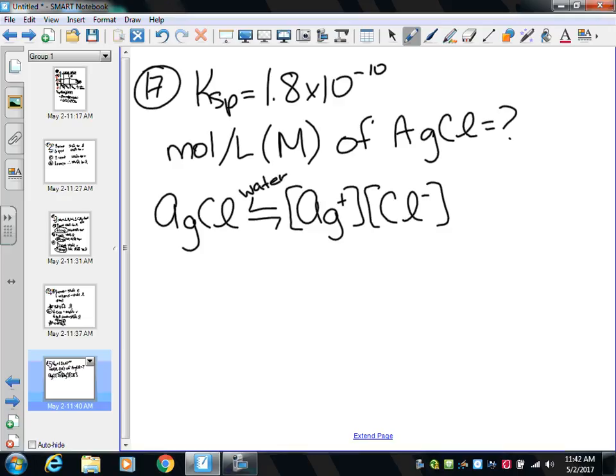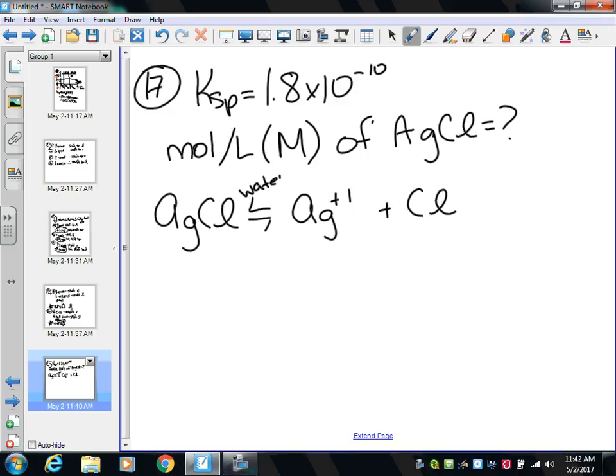Okay, so just to break it down a little bit better, we would have had our different ions, right?